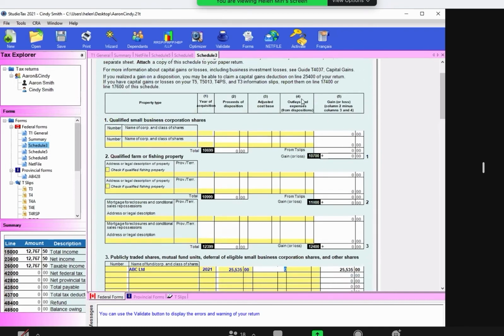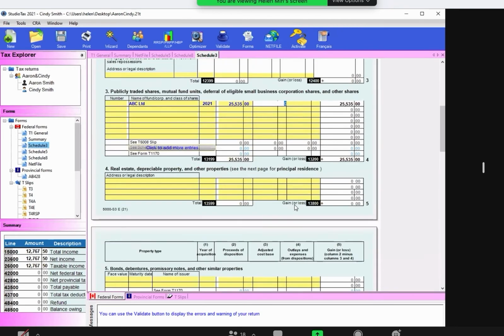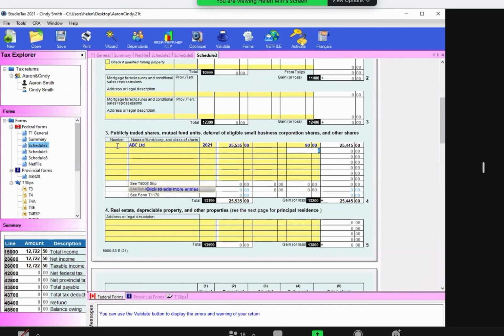And column 4 is the outlay. So these are all the information, from the 2,300 shares to the T5008. You add all these things.